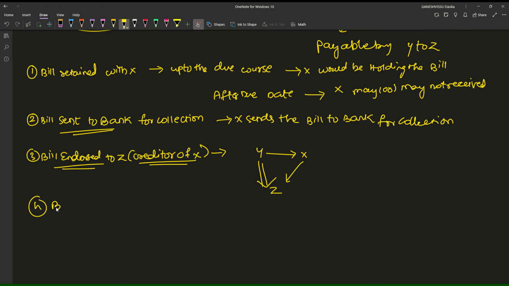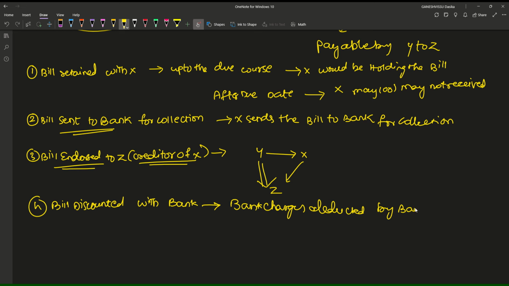And the fourth one is bill discounted with bank. Bank charges would be deducted by the bank, and the remaining amount credited to X's account, the account which he is holding.